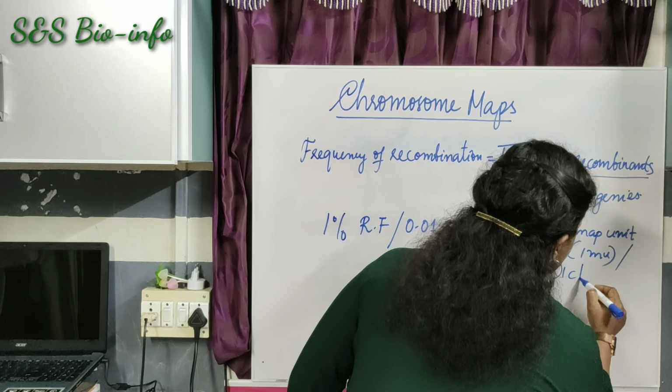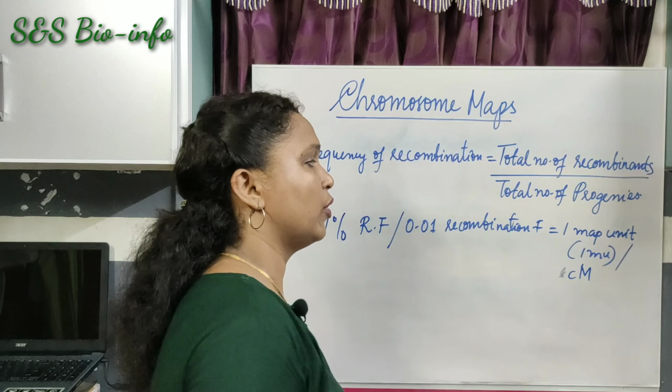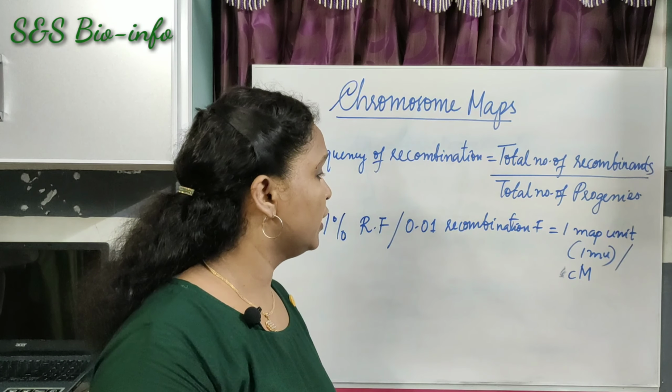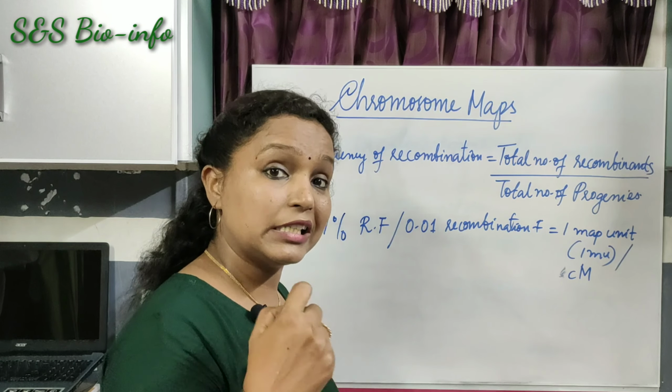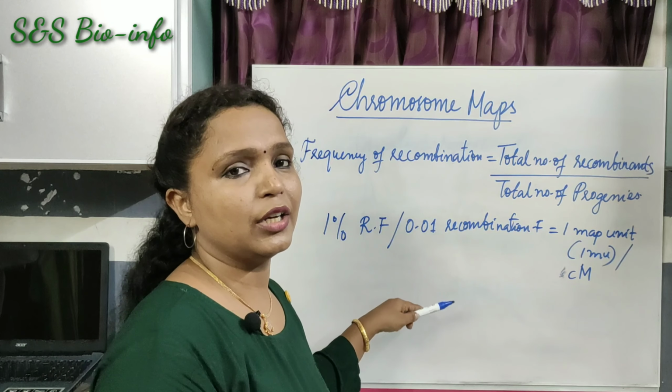So here the map unit, or cM, is the unit of the frequency of recombination.